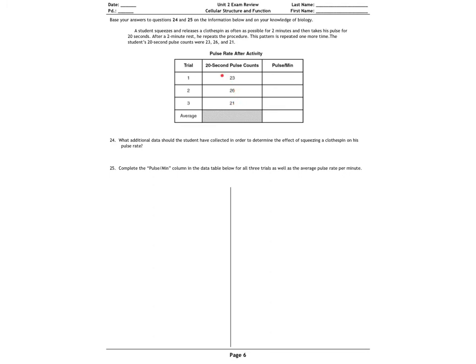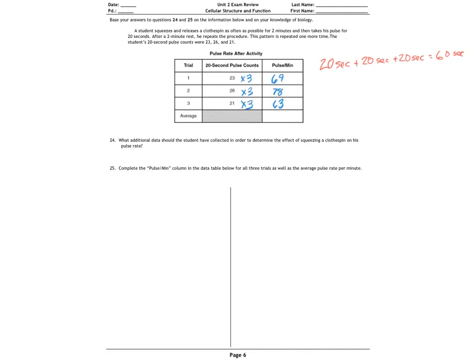But remember that this is a 20-second interval, and we're actually asking for the pulses per minute. So 20 seconds occurs 3 times in 1 minute or 60 seconds. So that means each of these intervals that have been recorded by the student should be multiplied by 3. Let me get out my calculator.